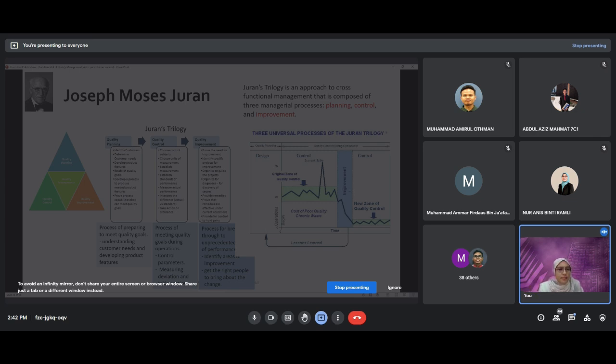So the trilogy actually helps the engineer or the manufacturer to reduce the number of defects from 20%. It could spike to 40%. But if improvement is made, then the number of defects can be controlled to a minimum percentage or number.